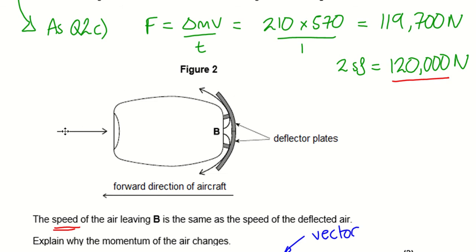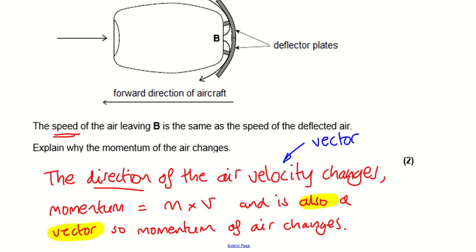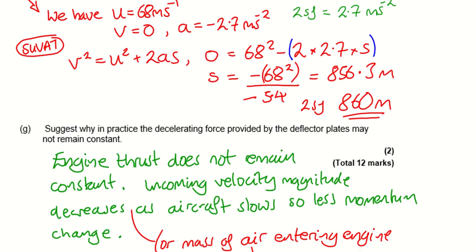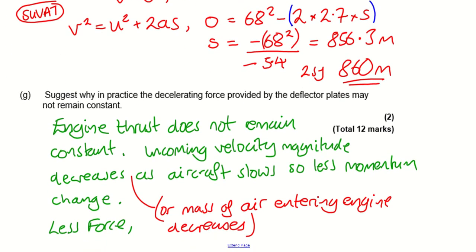When it first hits the ground, you've got a high velocity in and then a high velocity backwards, so you've got a big change. When the aircraft has landed and already started slowing down, the velocity of the air coming in is slower, and so even though it's been reversed, you haven't got as big a momentum change.